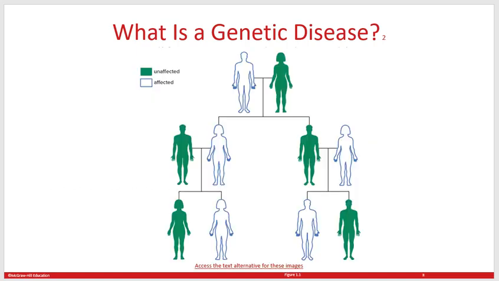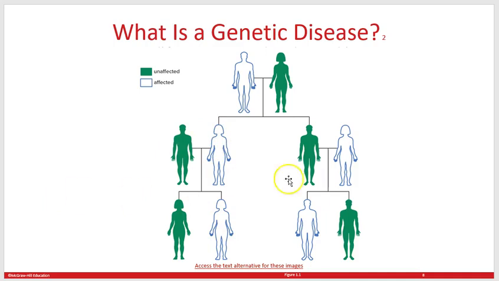And if we look at this, we see the shaded person is unaffected, and the non-shaded person is affected. So an affected person can have two children, one of which is affected. This person can marry someone who's unaffected and then pass it on.